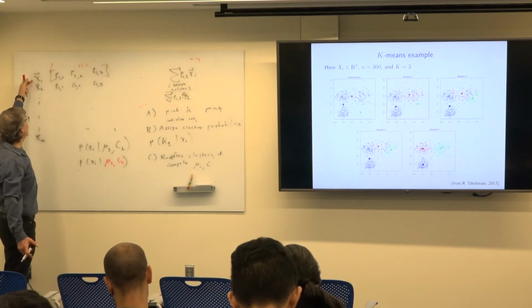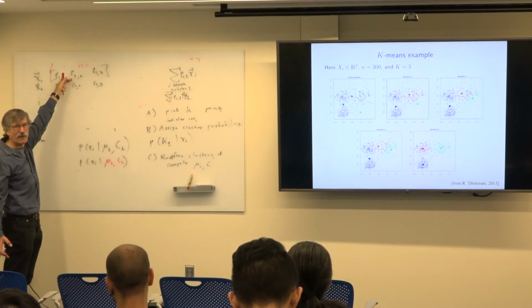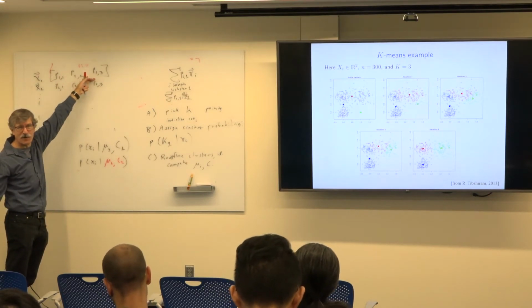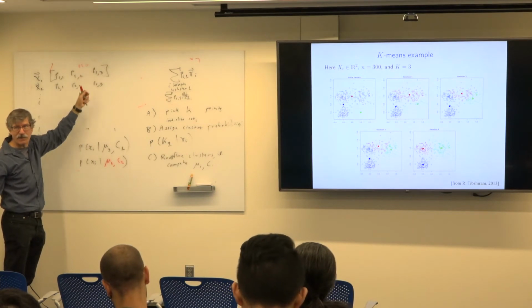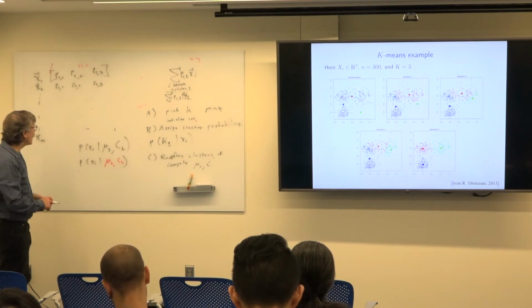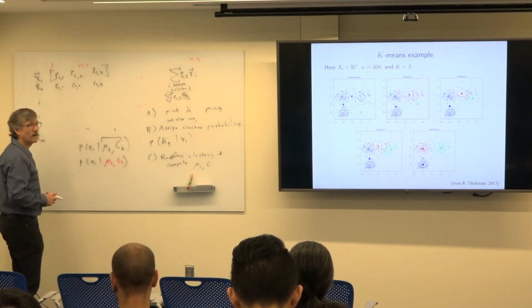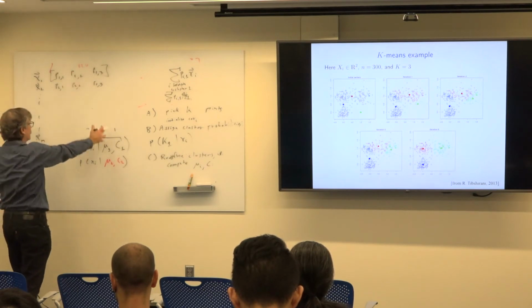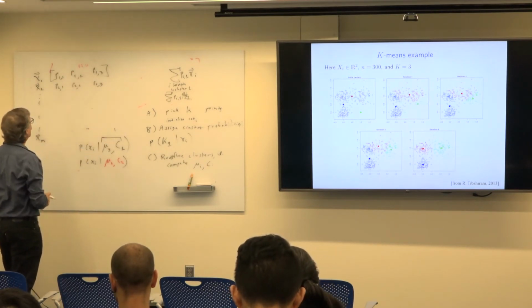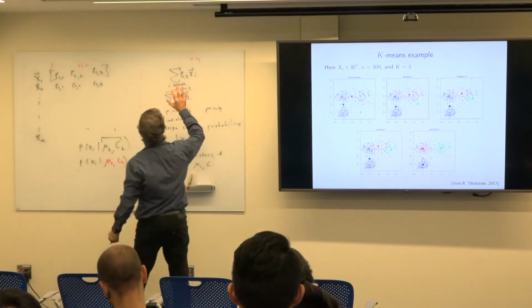So this data point, for now, looks like it's 0.8 probability it belongs to cluster 1, 0.15 probability it belongs to cluster 2, 0.05 probability it belongs to cluster 3. Okay? Now I want to compute the mean and covariance for cluster 1, having done this in step B. So in step C, I want to do things like this.